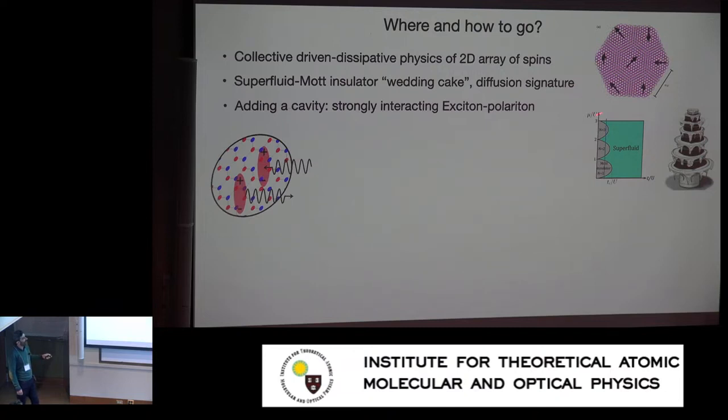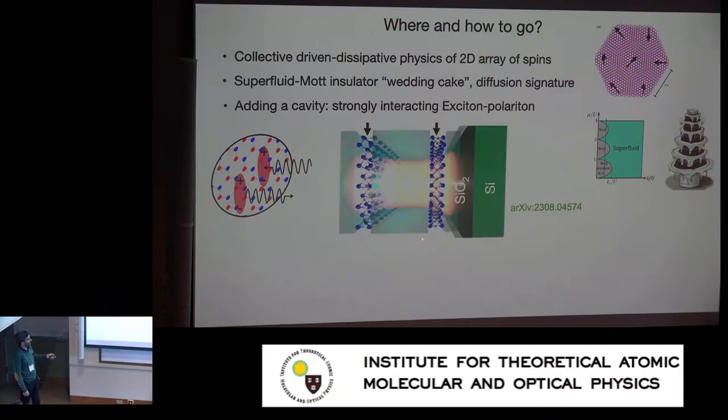Can you have this system and now confine it in a cavity? The answer is actually yes. You can use monolayers of these TMDs to make a mirror, which was shown at ETH and Harvard a few years ago. And now recently, with my colleague's group and my group, we showed that we can actually make a cavity.